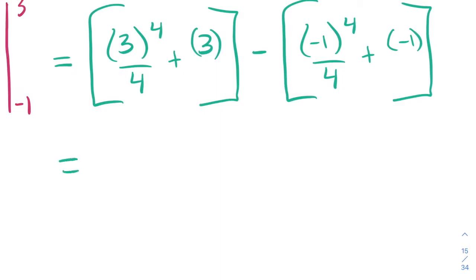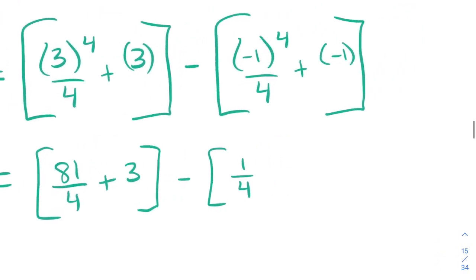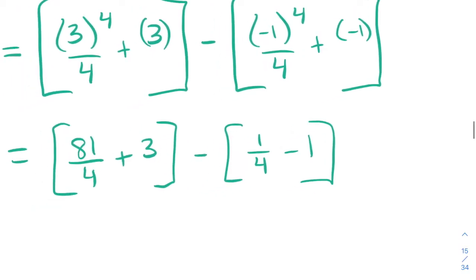So now this is going to be equal to 3 times 3 is 9, 27, 81/4 plus 3. Take away, you're going to actually have 1/4 because -1 to the 4th is positive. Take away 1. Now, don't forget to distribute your negative.